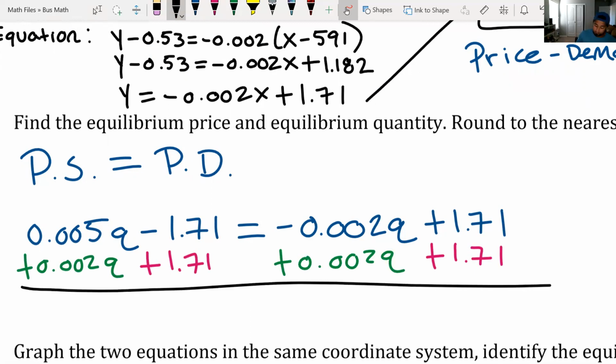So many colors, right? We get 0.007Q equal to 3.42, and then divide by 0.007.